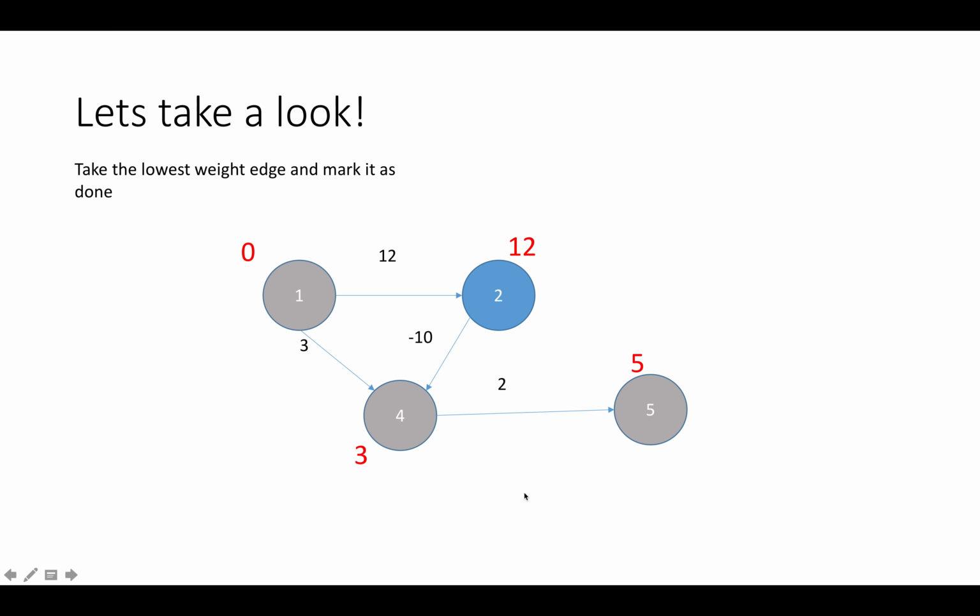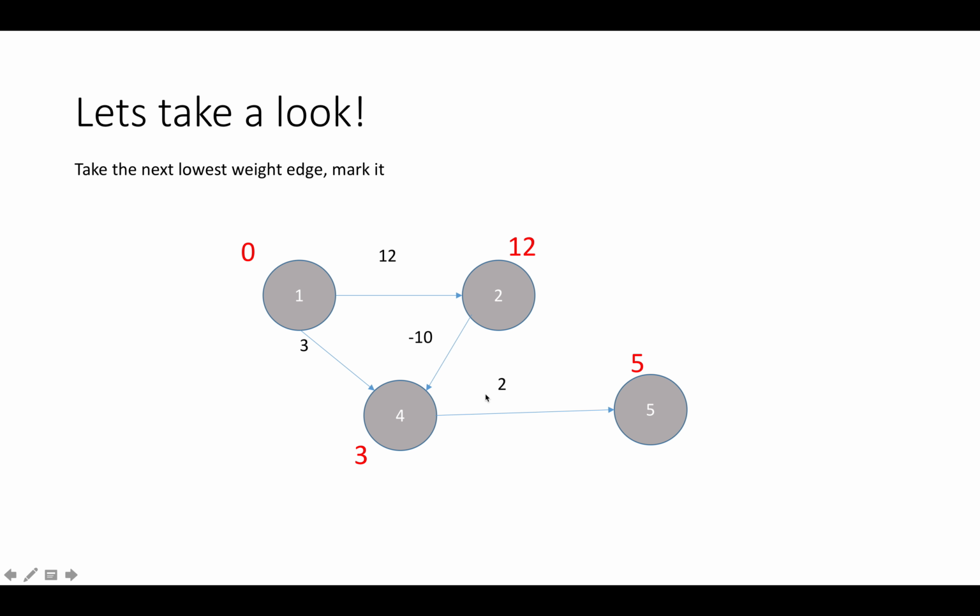And we're going to end up falling back to taking our next cheapest edge, which is, of course, the edge between 1 and 2. So we visit node 2, and then, in accordance with Dijkstra's, we check all of the nodes that are adjacent to node 2, and we look to see, can we find a better path to any of the other nodes we've already visited by going through node 2?